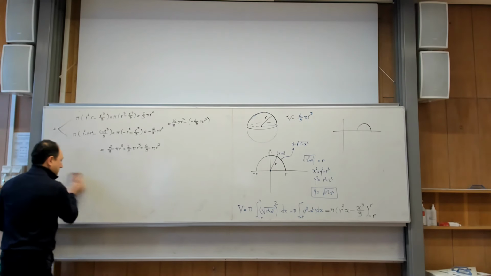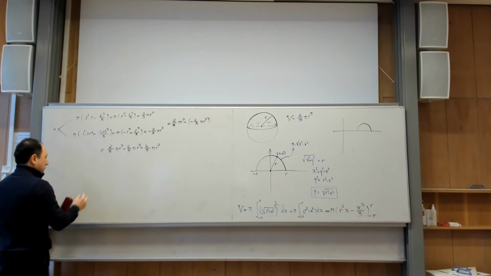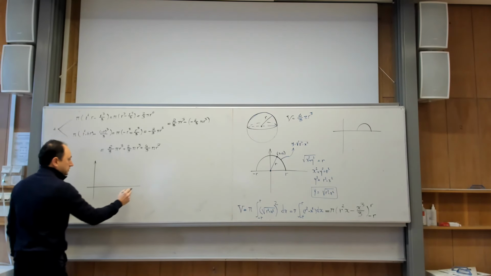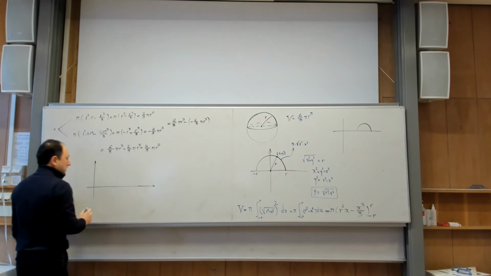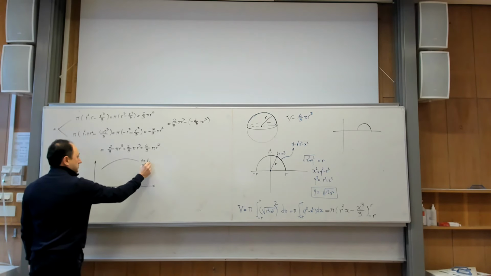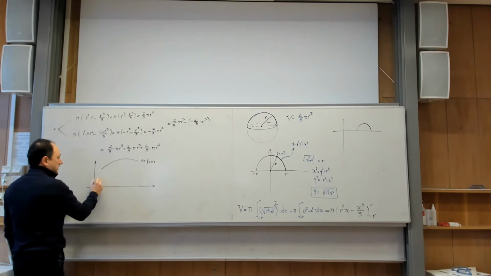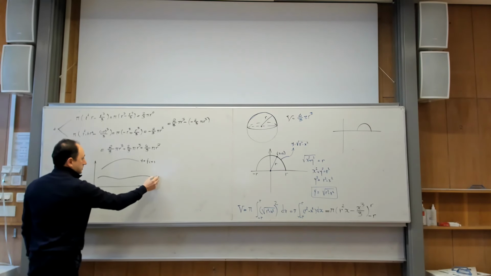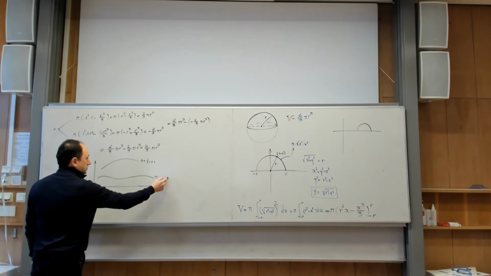I can ask a more general question. What do you think if I want to rotate the volume between two curves about the x-axis? So for example, I have this function, y equals f of x. I'm just making things simple. And then this is your g of x, y equals g of x.